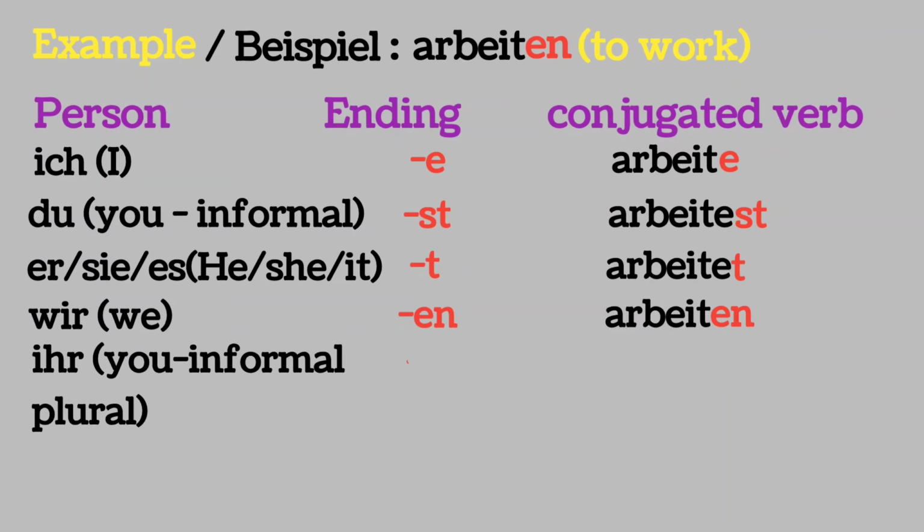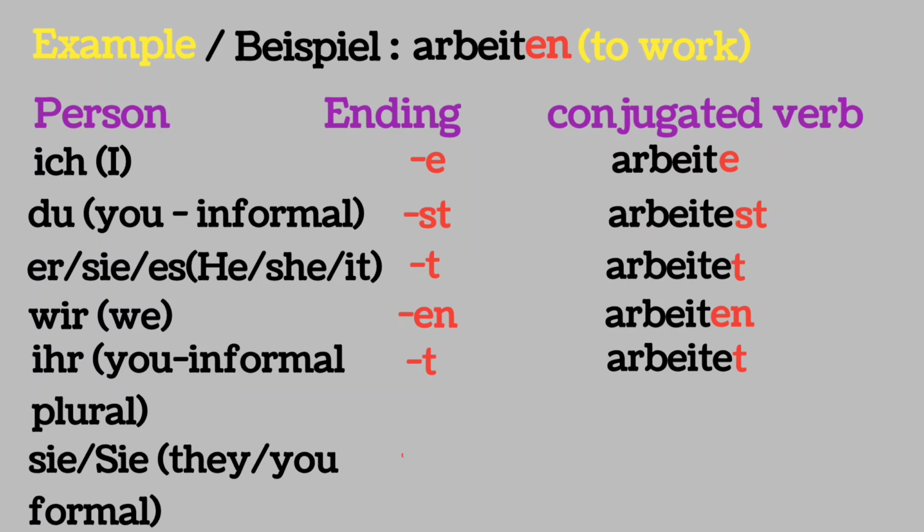These represent the first, second, and third persons, both singular and plural, with the addition of a formal Sie in the plural. When conjugating a verb, you choose the appropriate ending based on the person you are referring to.